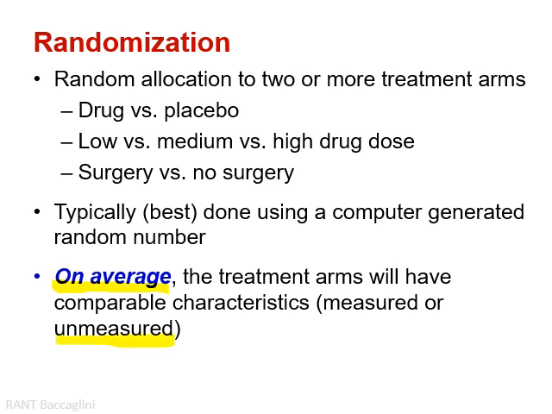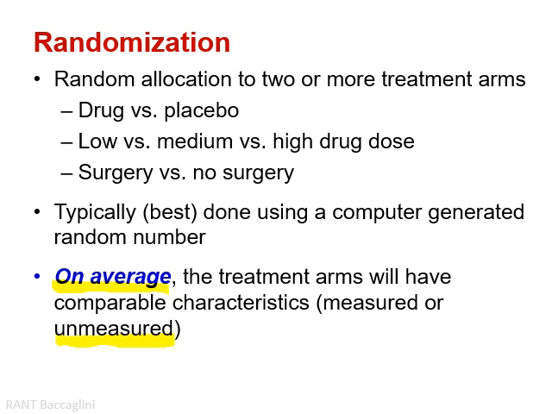That means, for example, if we were in a group of people and we are randomized to group A or group B, the two groups on average would have similar height, similar cholesterol levels, and a similar average age. That is on average.